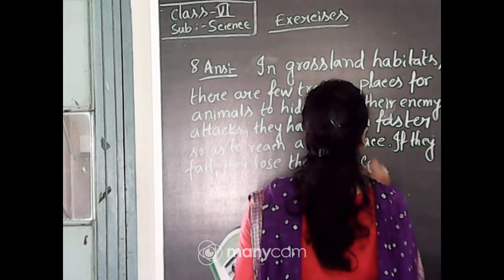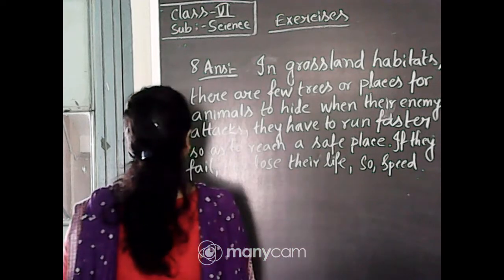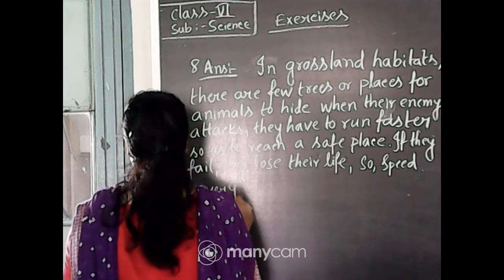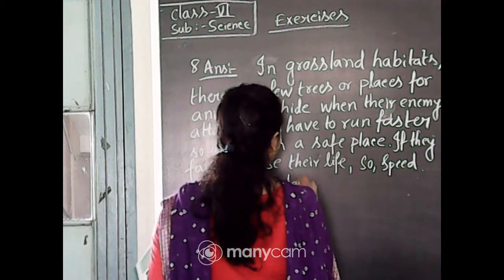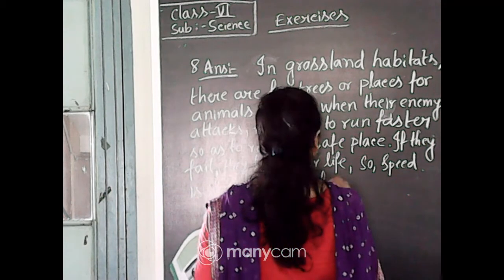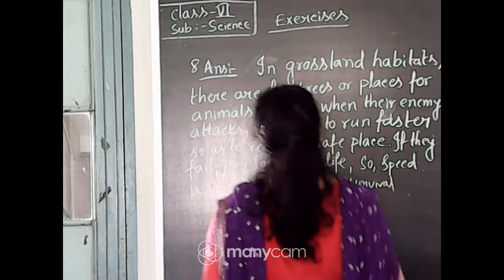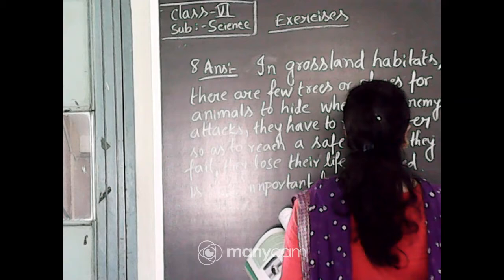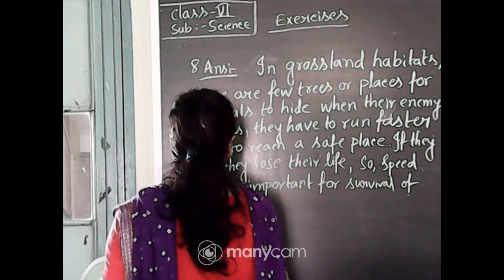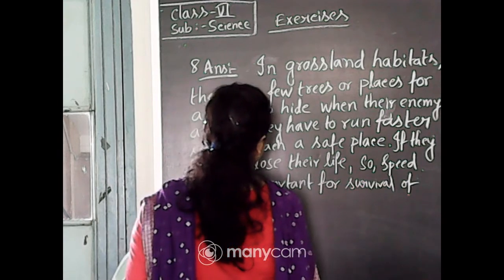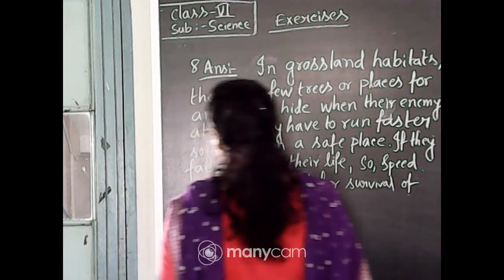So speed is very important for survival of grassland animals. You can take the example of a tiger that eats deer.